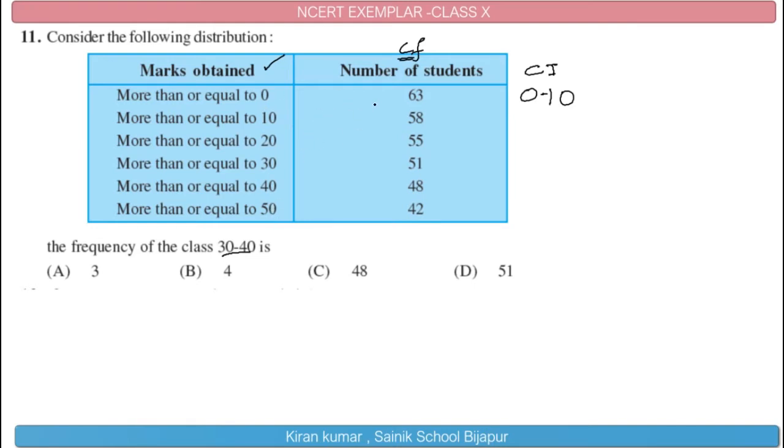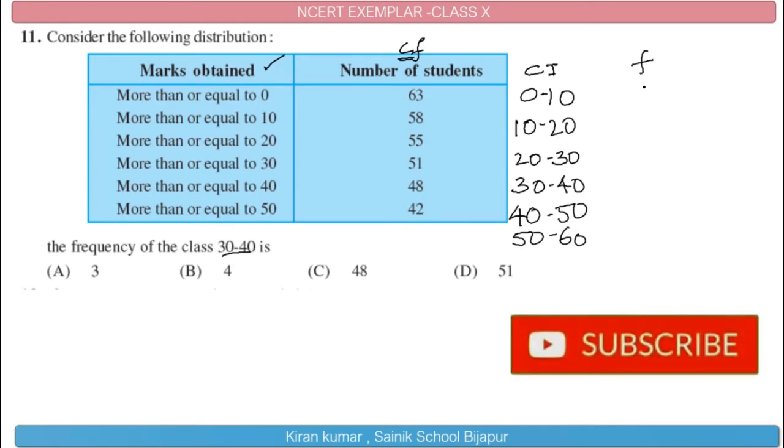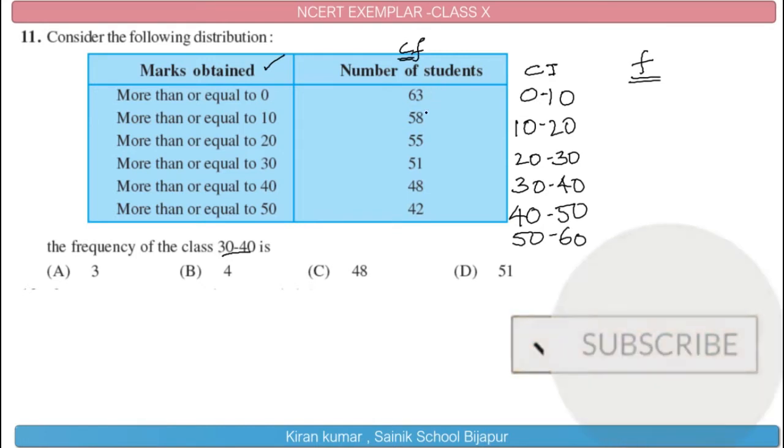So in the reverse order we shall do it. It is 0 to 10, 10 to 20, 20 to 30, 30 to 40, 40 to 50, and 50 to 60. The number of students are given in terms of a cumulative frequency.